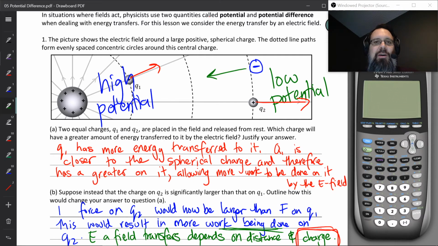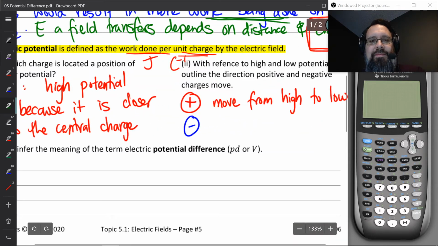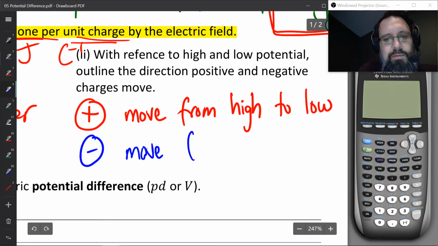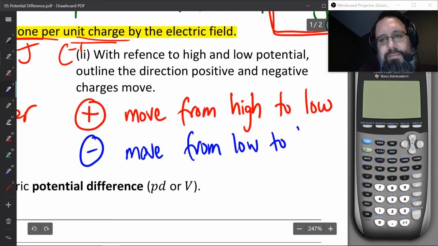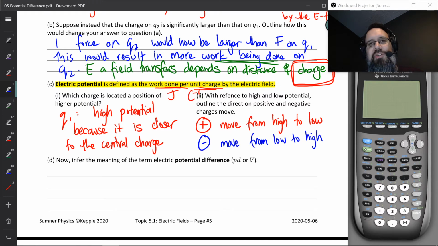Negative charges go from low to high. So that's important to remember: positive charges tend to go to regions with less potential, and negative charges tend to go to regions with more potential.